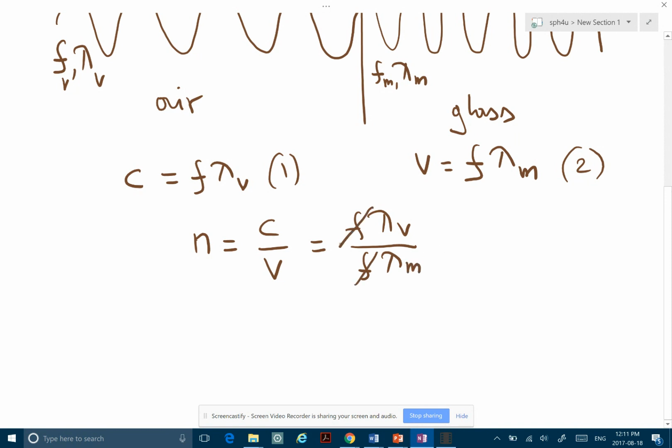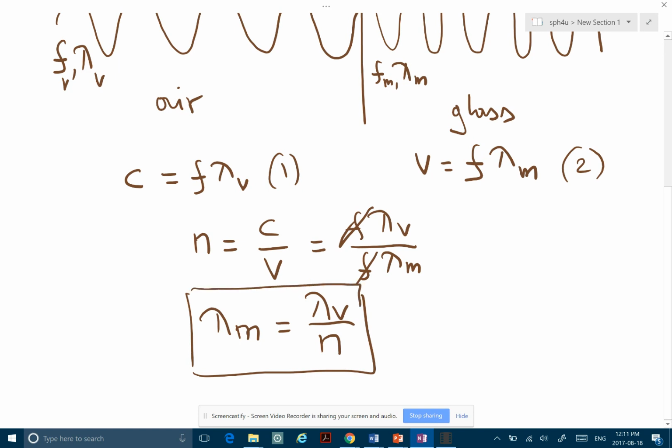The frequency is the same, so we find that lambda in the medium is actually lambda in a vacuum over the index of refraction.